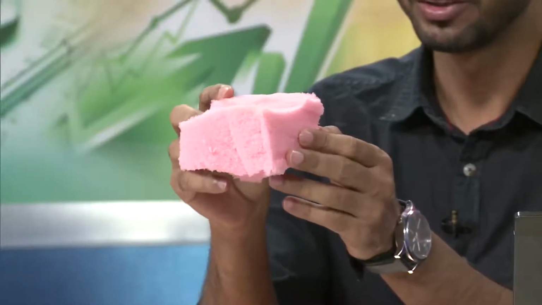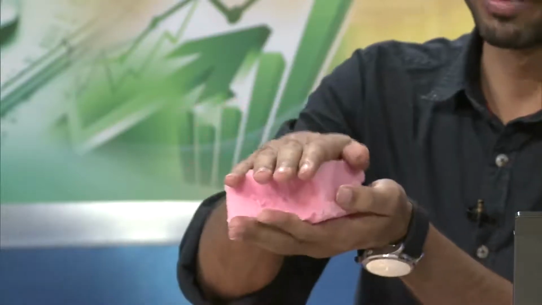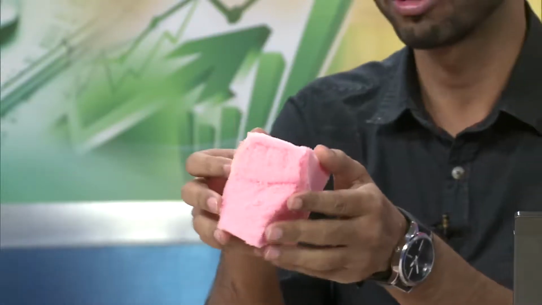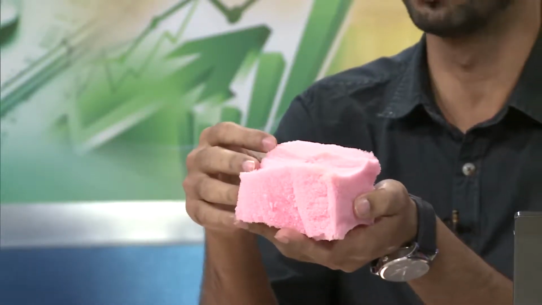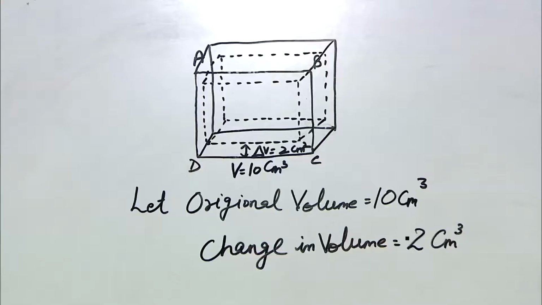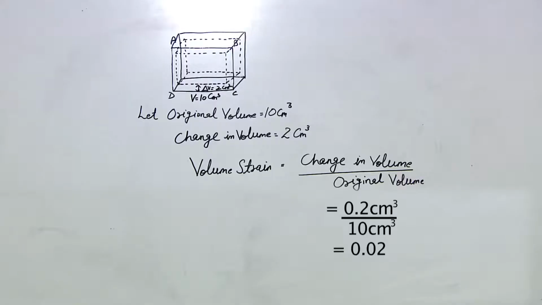And if we try to compress or stretch the sponge, let us say we get 10.2 centimeter cube. Therefore, the change is again 0.2 centimeter cube. And when we take the ratio of change in the volume to the original volume, it will give you the volumetric strain. Here again, there will be no SI unit as well as no dimension.